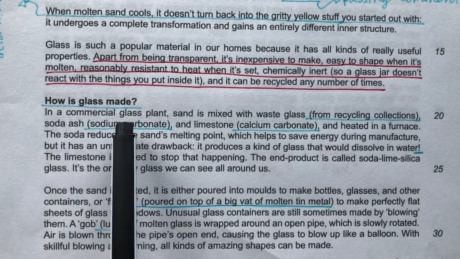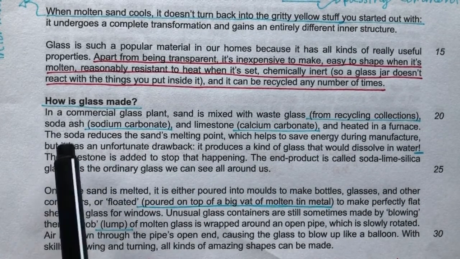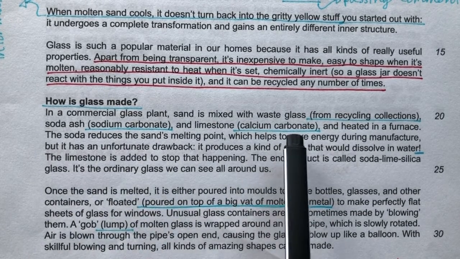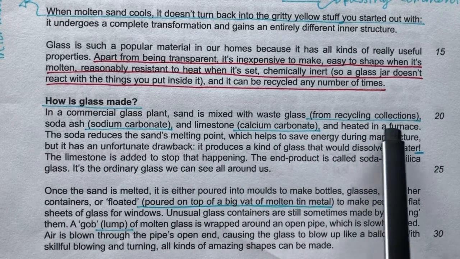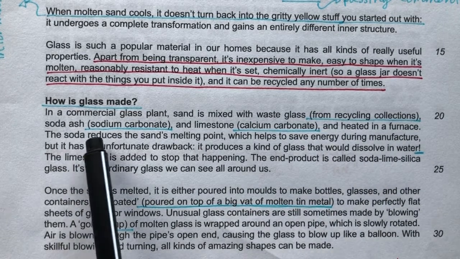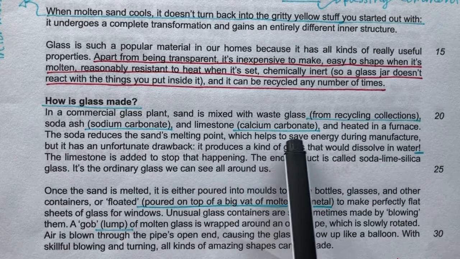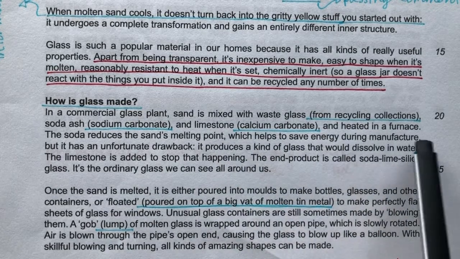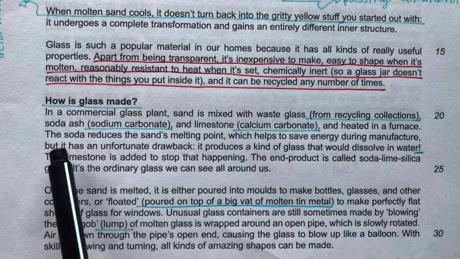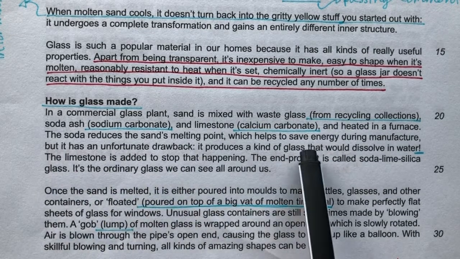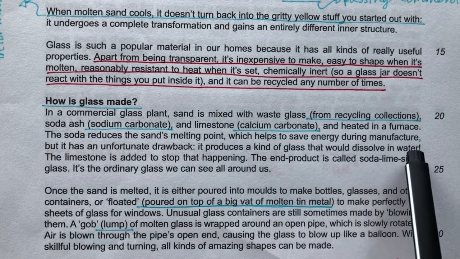How is glass made? In a commercial glass plant, sand is mixed with waste glass from recycling collections, soda ash, sodium carbonate, and limestone, calcium carbonate, and heated in a furnace. The soda reduces the sand's melting point, which helps to save energy during manufacture.